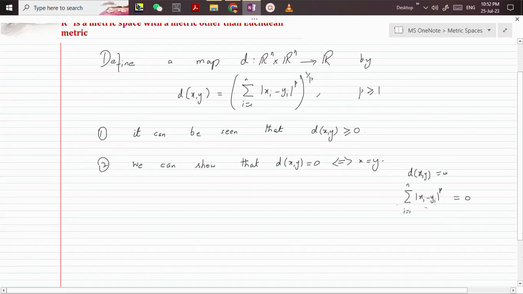And it is possible when each modulus is zero, which implies that for each i, mod of xi minus yi power p equals 0.